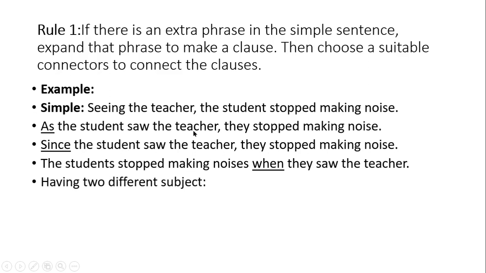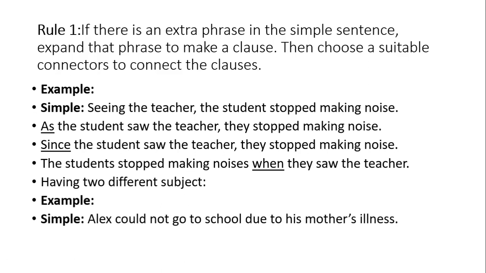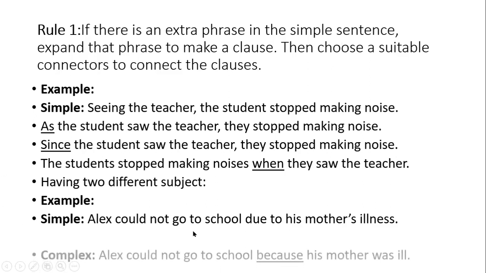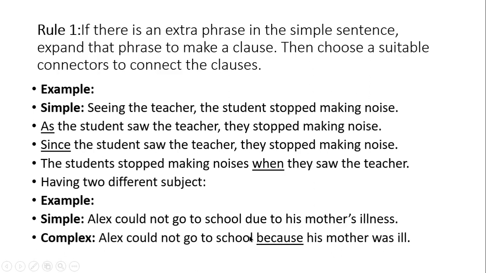So when we have two different subjects in our sentence, how do we change this type of sentence from simple to complex? So you see, Alex could not go to school due to his mother's illness. So here we are going to write down: Alex could not go to school because his mother was ill.